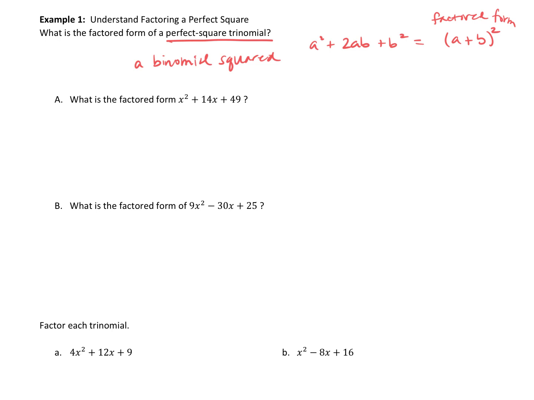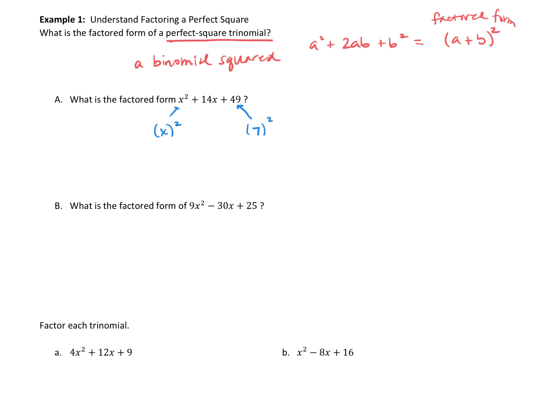We take a look at our first term. Is that a perfect square? Do we square anything to get an x squared? And you'd say, well, yeah, you can square an x to get x squared. All right, perfect. Is the last term a perfect square? Do we square anything to get a 49? And you'll think and say, oh yeah, 7 times 7. So 7 squared is 49.